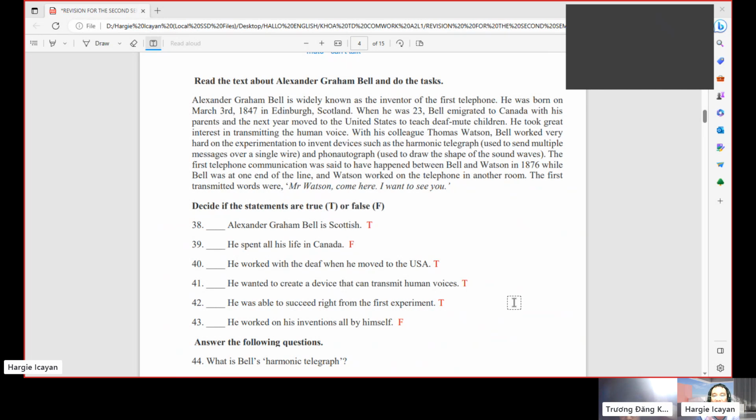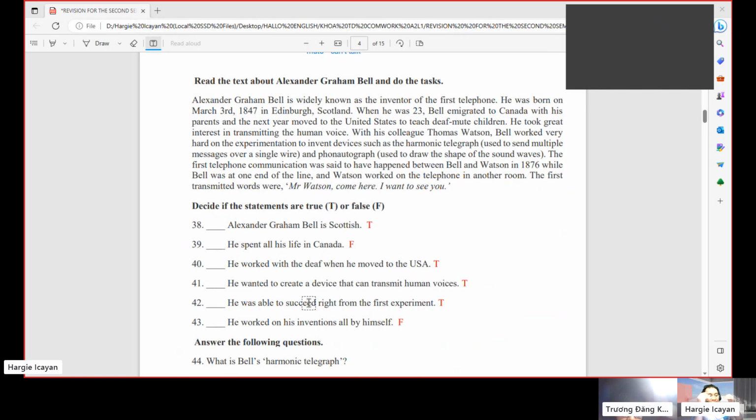That would be Scotland, in Wales, and then Canada, and then after that the United States, right? So he wasn't able to spend his life in Canada alone.